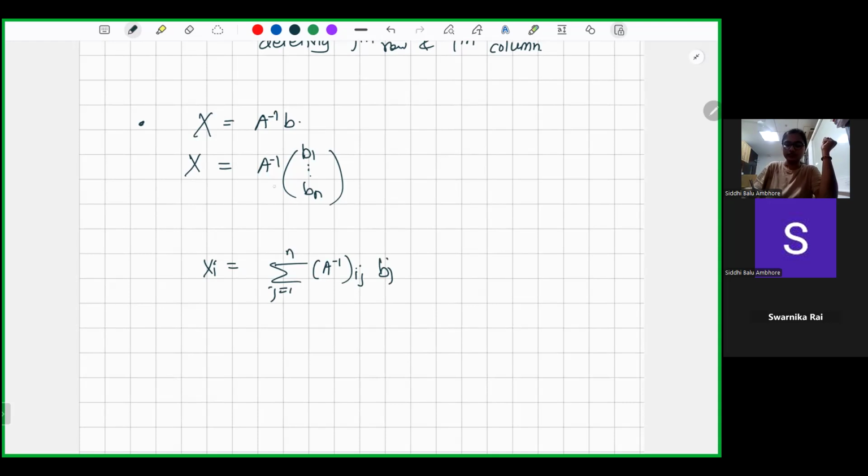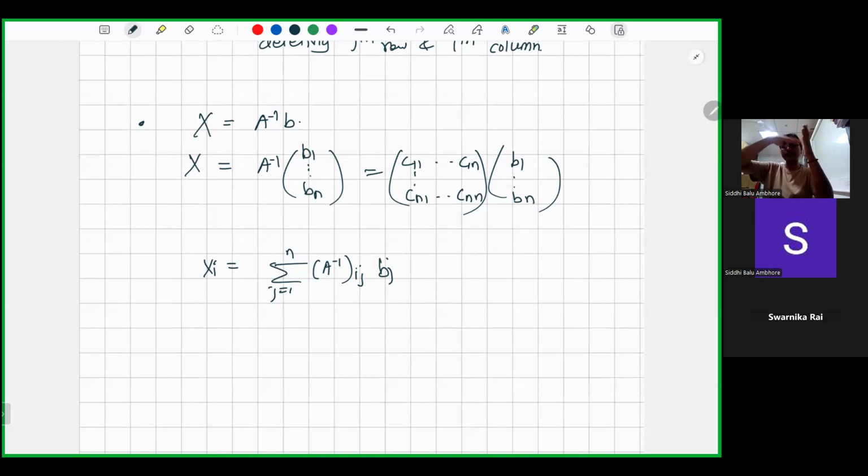You can check this: suppose we take c11 to cnn and multiply by b1 to bn. So xi is obtained by taking the ith row and the column b1 to bn as it is.